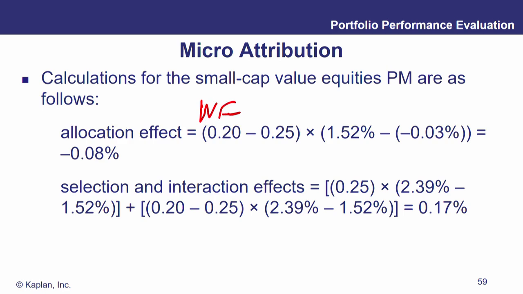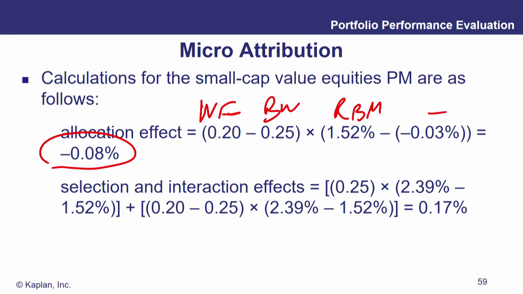The 0.25 was the benchmark weight. Then we're going to multiply that by the benchmark return. And then we're going to subtract the total overall benchmark return of 0.03, and we come up with an allocation effect of negative 0.08%.